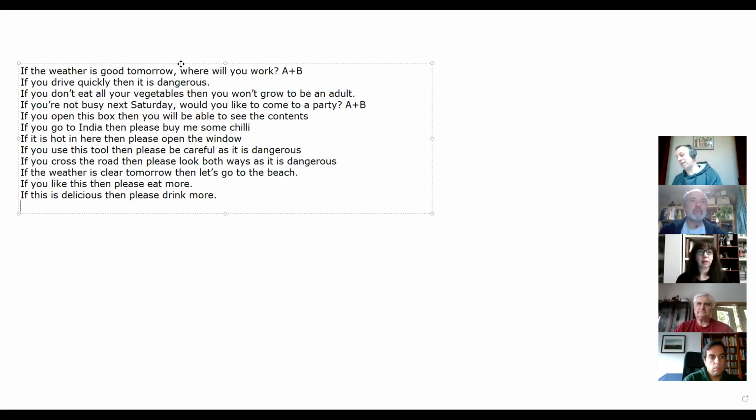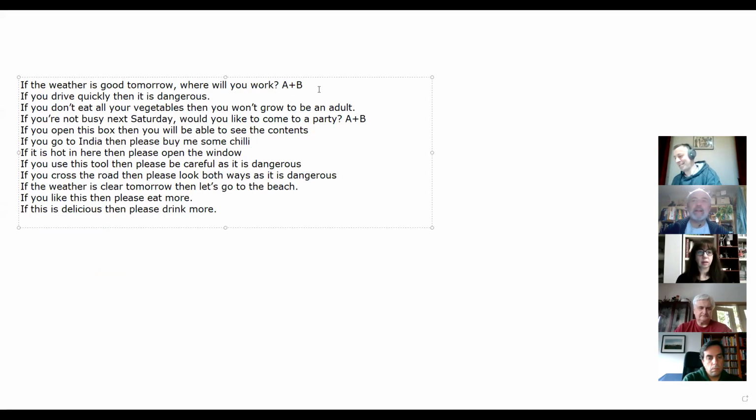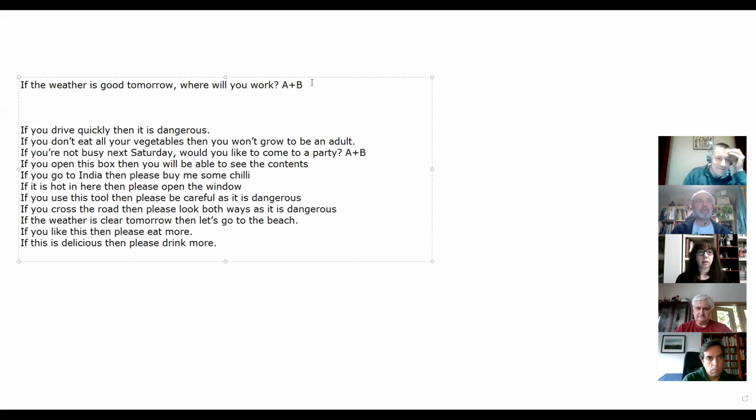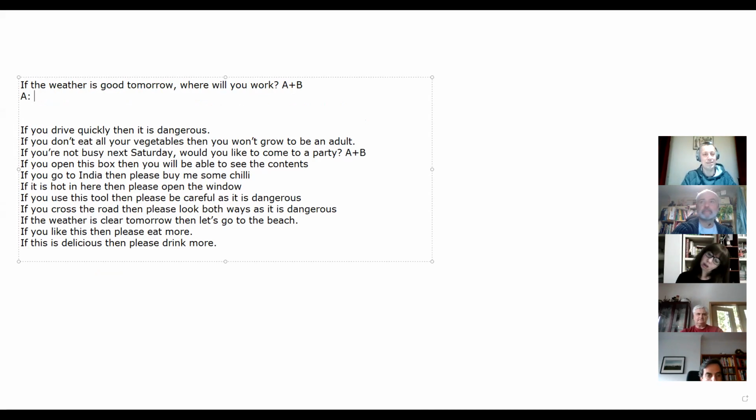So I think I'm going to, because Tom normally gets the first one, because he's always first to arrive, so I'm going to work from the bottom up. So Naska, can you ask Kim, if the weather is good tomorrow, where will you work? Yeah, good.